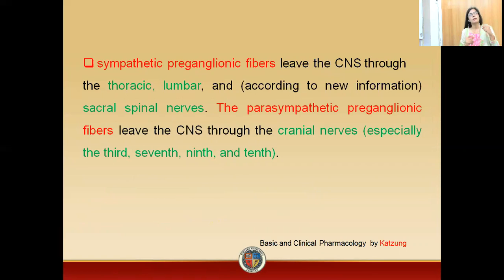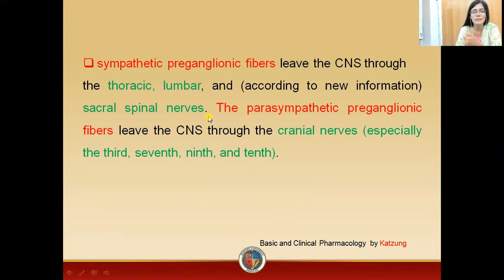What the author is trying to say is that the preganglionic fibers of the sympathetic system originate from the CNS, particularly from the thoracic and lumbar regions, and according to new information also from the sacral spinal nerves.